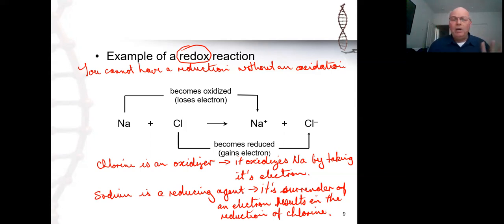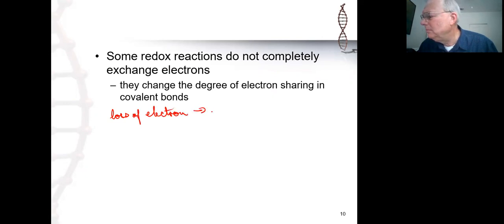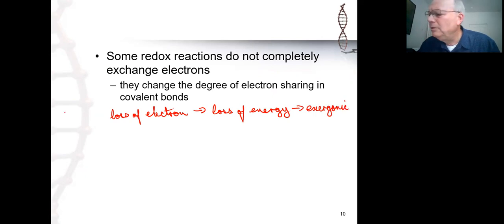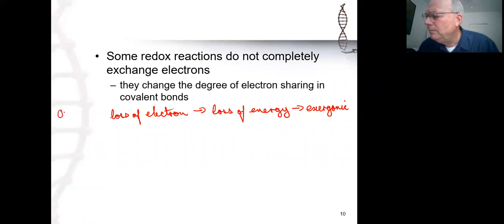So I was about to put another note on here, but this one's getting pretty busy. We can add more notes about exergonic and endergonic reactions to later diagrams as we get to it. So let me put it in here. Oxidation.